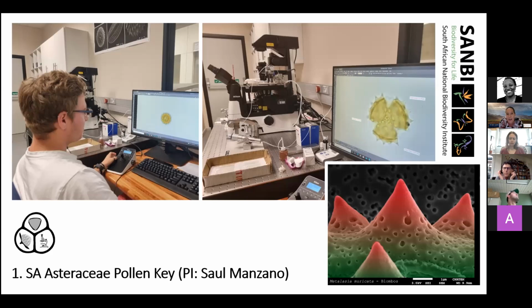At such a large scale, at family level, we can't really pull much ecological or paleoclimate data from the indications of Asteraceae. So with this higher resolution, finely tuned key, we can re-examine some of the existing records and answer some more nuanced ecological questions once we have this key in place.